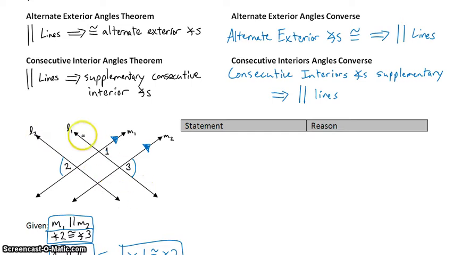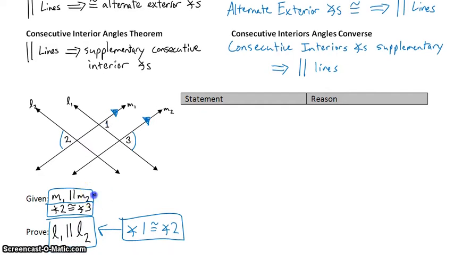But if I look at L1, I actually have two angles on that transversal. And these two angles, 1 and 3, are corresponding. And since my lines are parallel, my corresponding angles are going to be congruent. I can conclude from this statement that angle 1 is going to be congruent to angle 3.